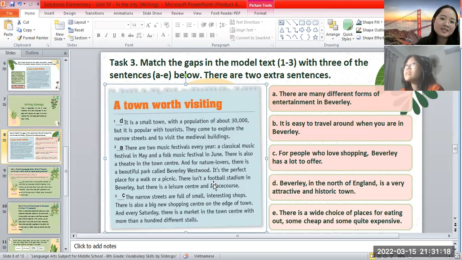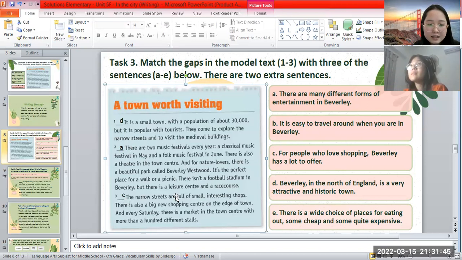When I hear music festival, it's something to relax and be entertained with music and festival. So that means A is the answer. Okay, so A here is correct.